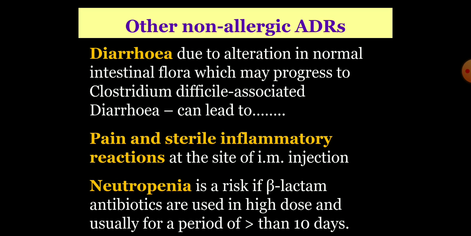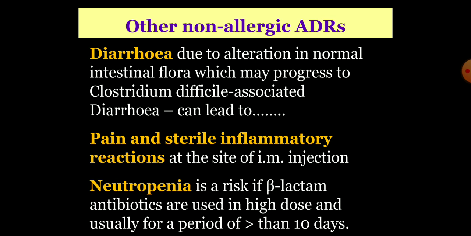Diarrhea sometimes happens due to alteration in normal intestinal flora, which may progress to Clostridium difficile associated diarrhea. And this is also called superinfection, which is not a characteristic feature of penicillin like drug. Rather, it is seen mostly with the other drugs like tetracycline or clindamycin.